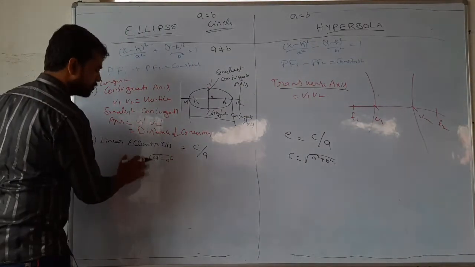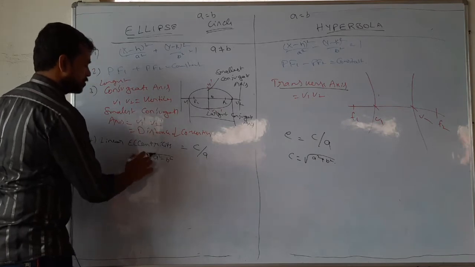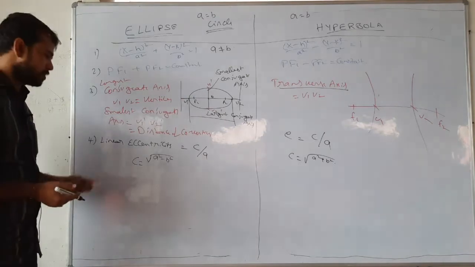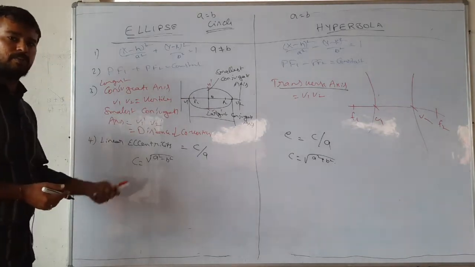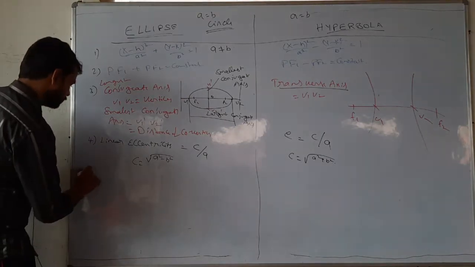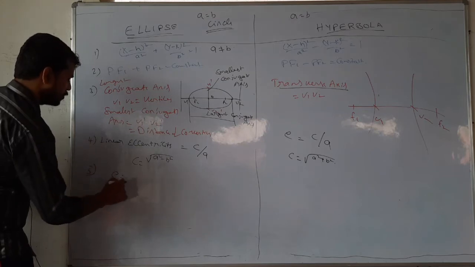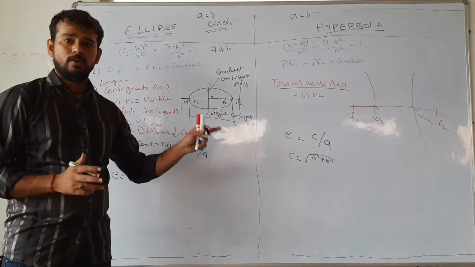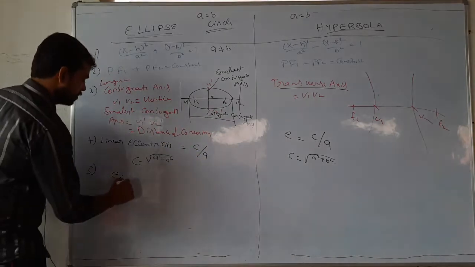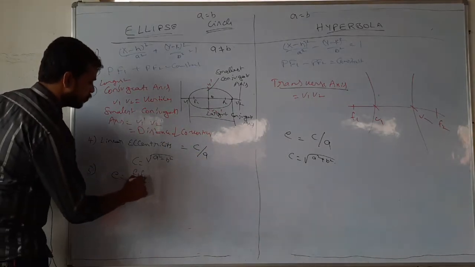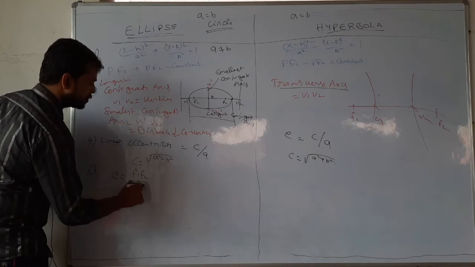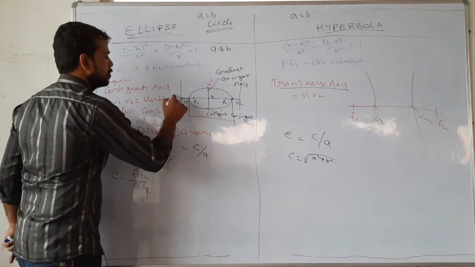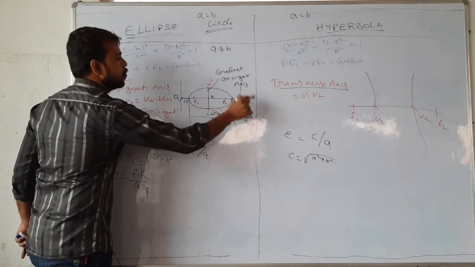These are all mathematical equations, but there might be a chance of asking a question, so that's why I'm giving them to you. And next, eccentricity, you can write it in two ways. It is the ratio of the distance between foci and the distance between directrices, O1 and O2.